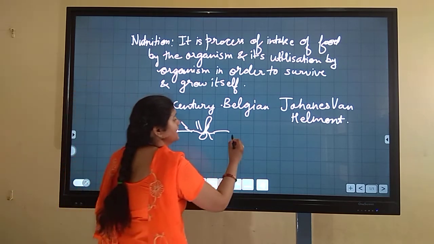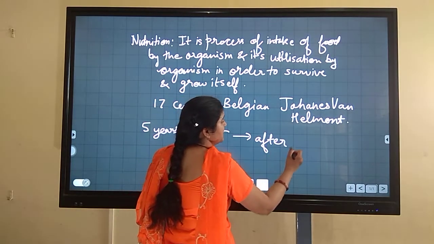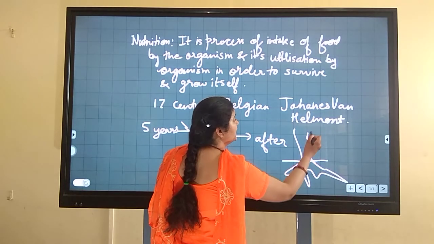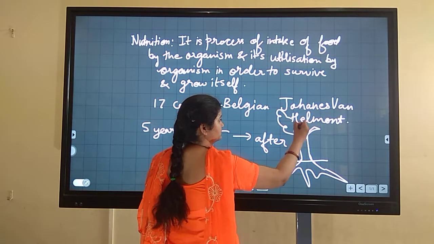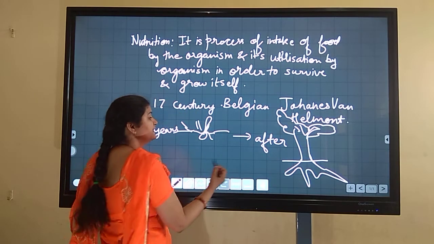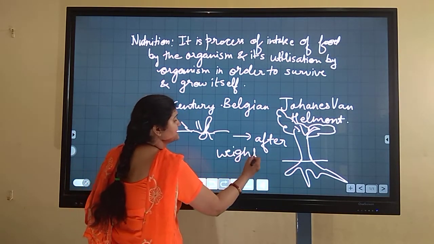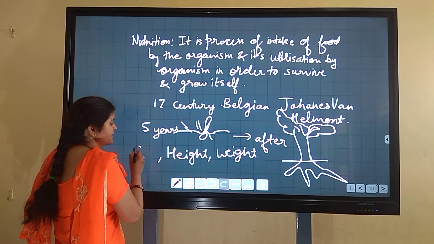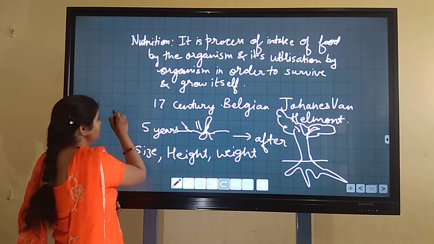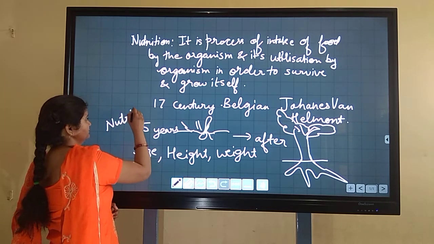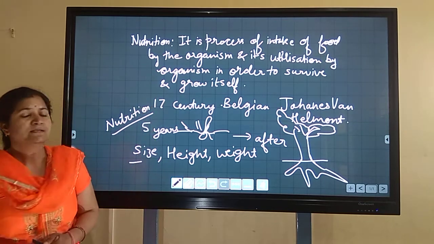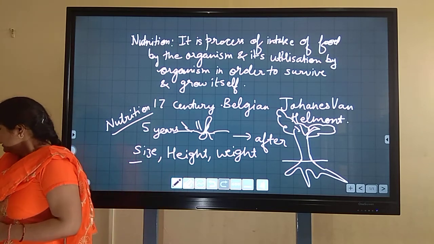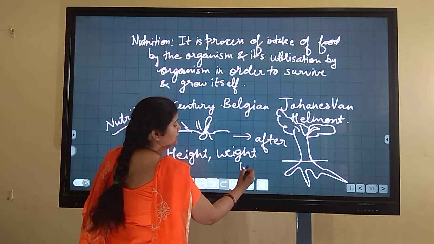After 5 years, this plant had developed into a big strong tree. It had increased in weight, in height and in size. This is all due to nutrition. So plants are also doing their nutrition. He had grown a willow tree.